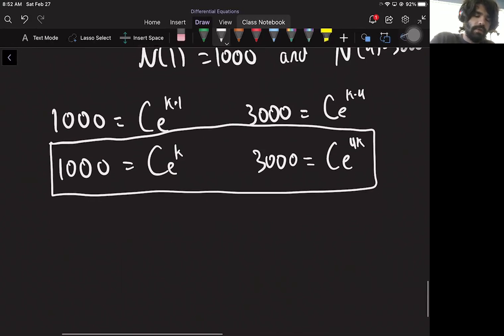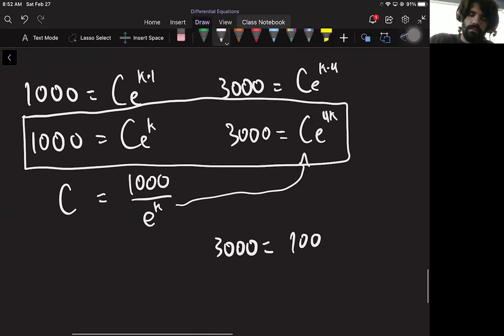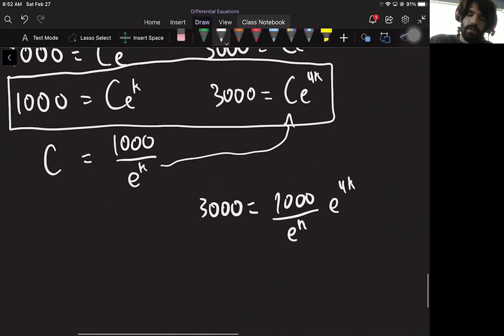I guess I can solve this one for c, and then I can plug that in there, and then I can figure out k by doing that.